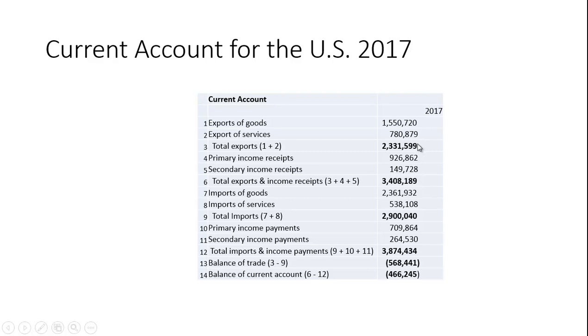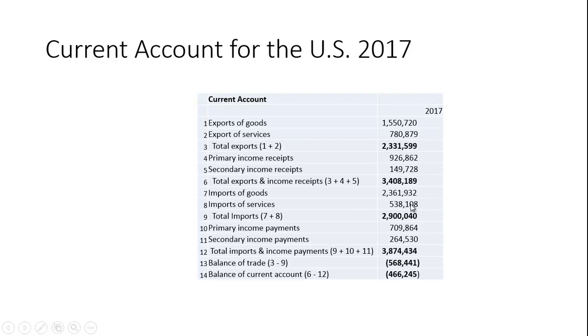And if we add these rows, so I've numbered the rows, so if we add 3, 4, and 5, total exports, primary income receipts, and secondary income receipts, we get the total exports and income receipts, which would be 3,408,189,000,000.